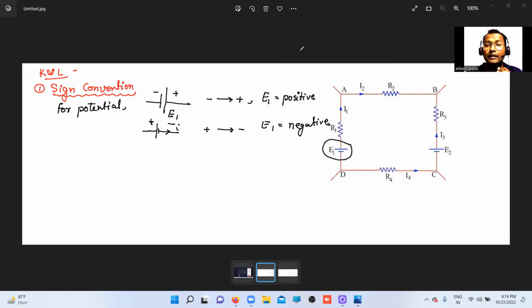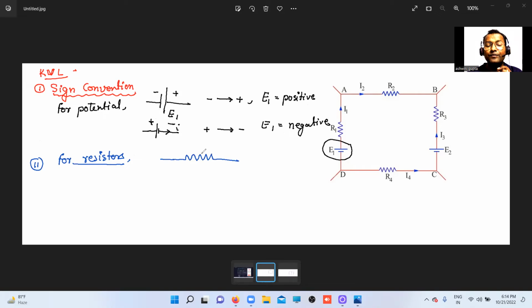Okay. And the second one is, if we are working with resistors, we consider the voltage drops. For example, suppose this is a resistance we are having.